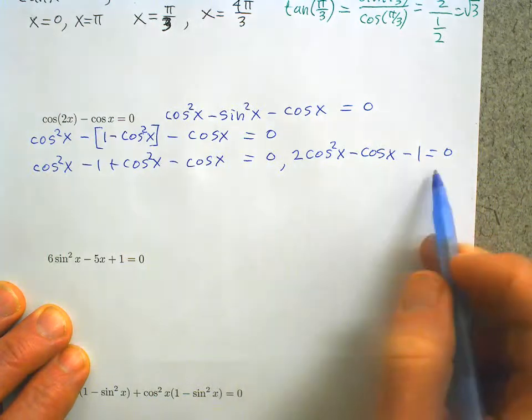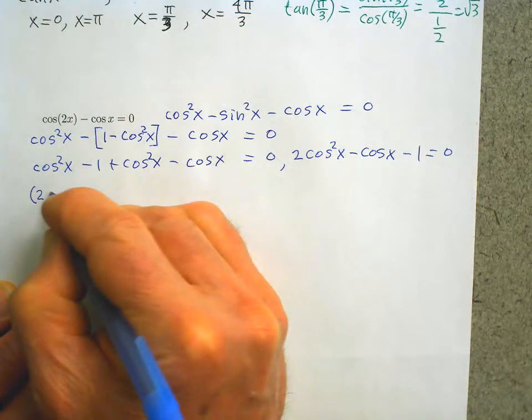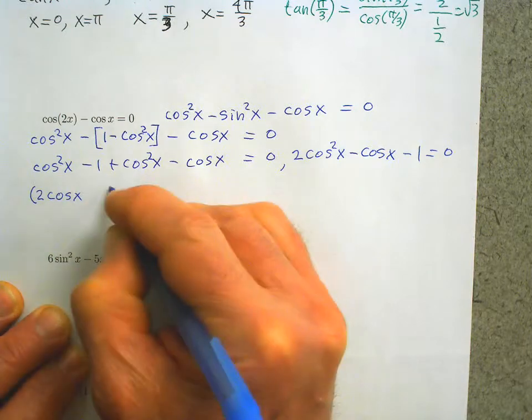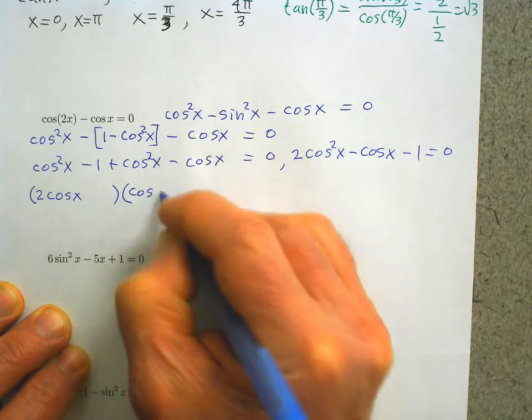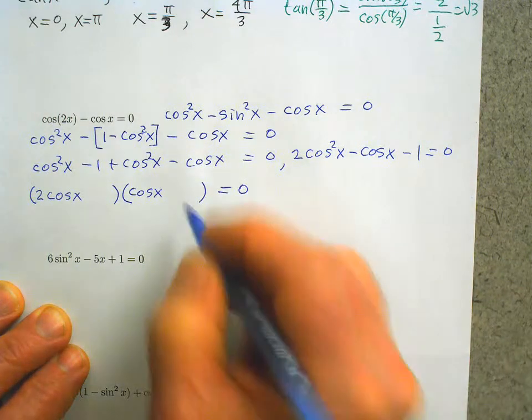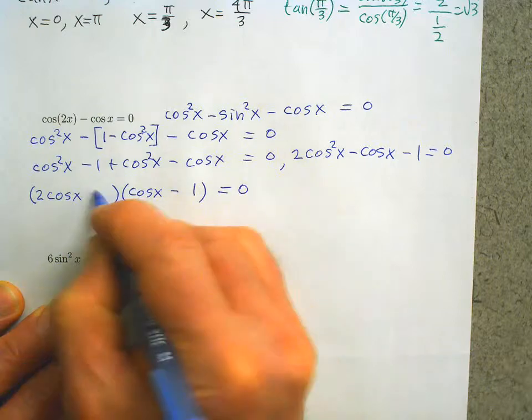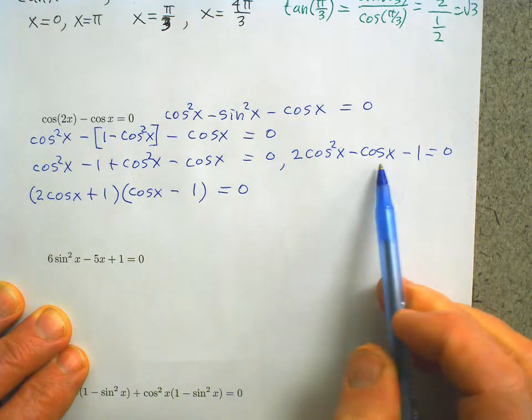So we can factor this again. The factoring is pretty nice. 2 times cosine of x in one factor and cosine of x in the other. And this time I need a minus 1 over here and a plus 1 over here because the middle term is minus cosine of x.